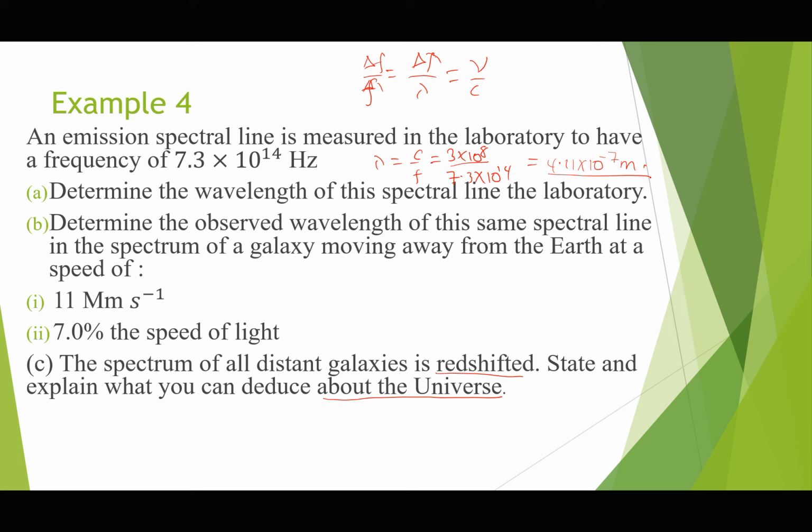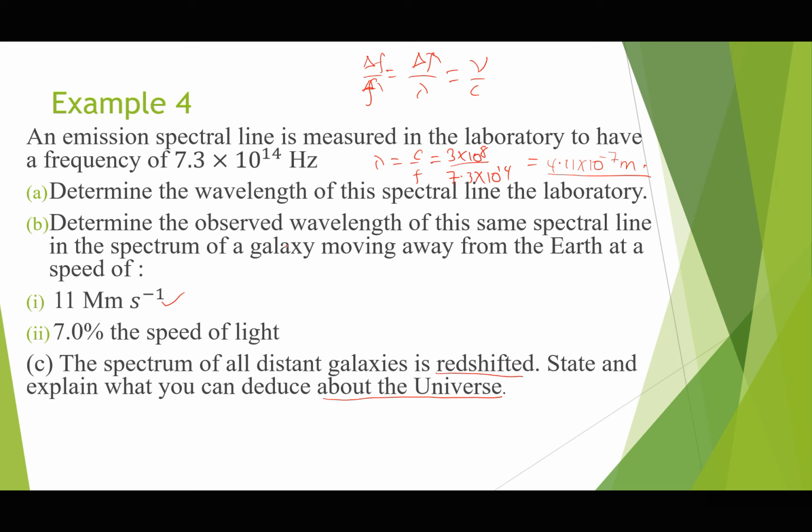Then determine the observed wavelength of this same spectral line in the spectrum of a distant galaxy. So this one is the observed, and we want to find the observed wavelength when the speed is 11 megameters per second.